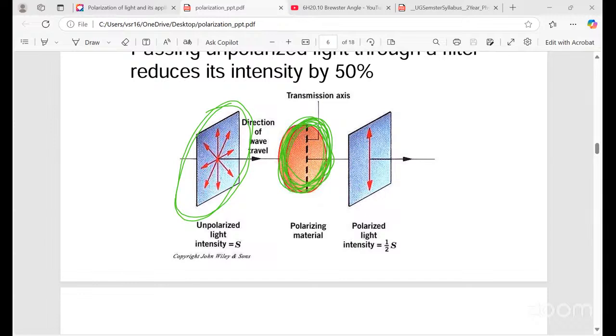The intensity of the unpolarized light is reduced to 50%. Okay. Only vertical components are present. No horizontal components, other components are not passing through this polaroid. So that you can easily observe the unpolarized light. Getting my point? This diagram is very, very important. You can go through this.